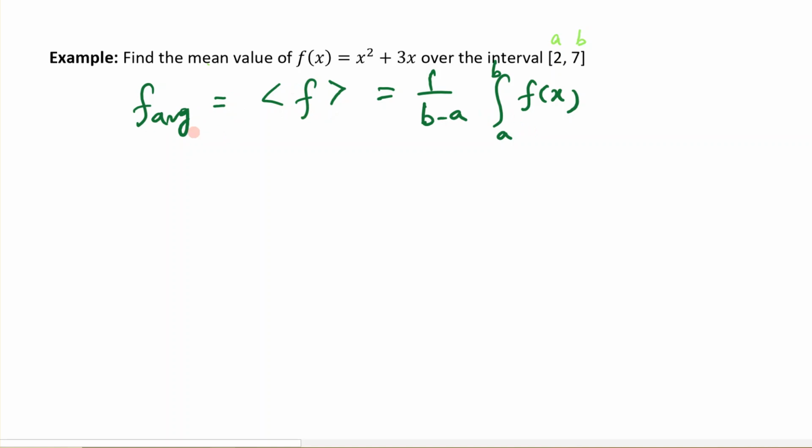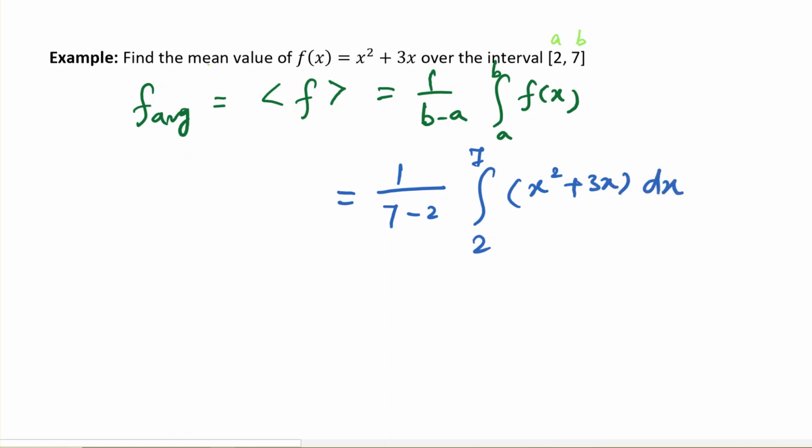You can use either of the notations. In this case, b is the upper limit, which is 7, and a is 2. So the integral from 2 to 7 of the function x squared plus 3x dx.